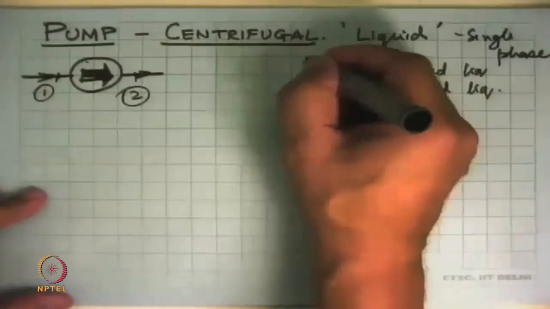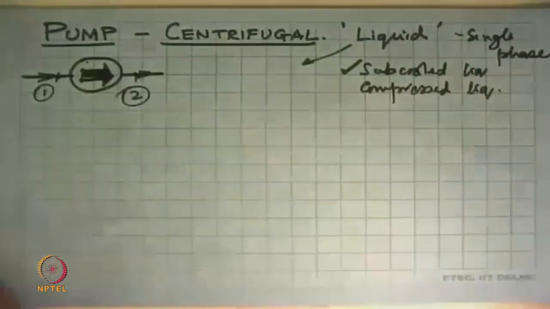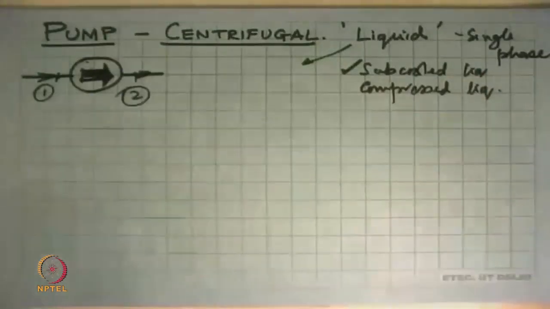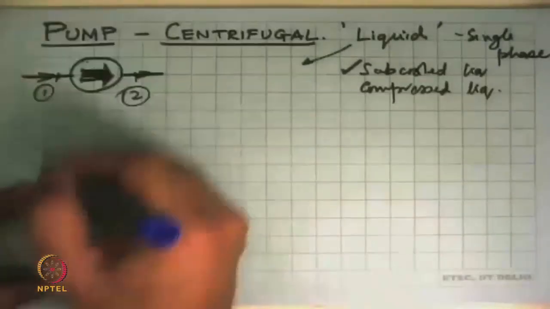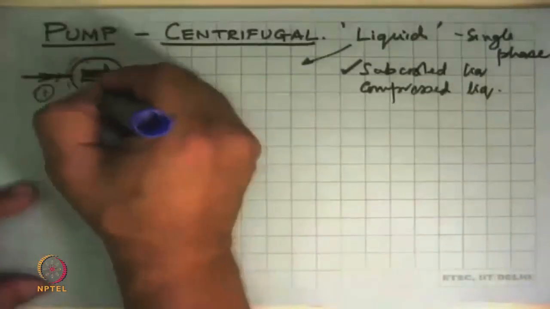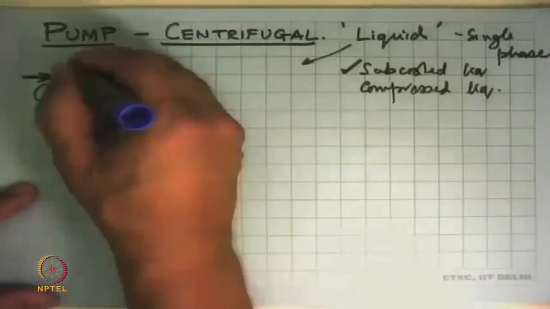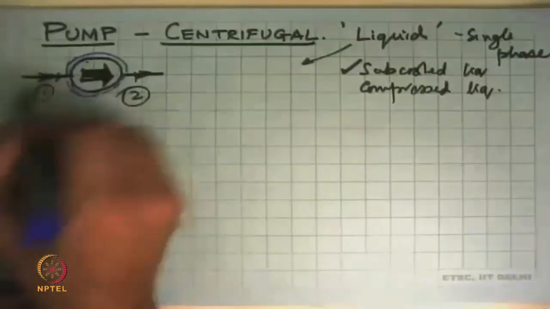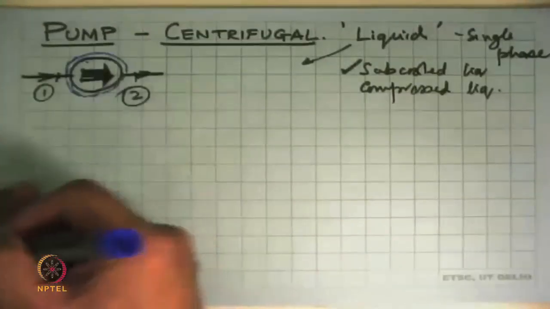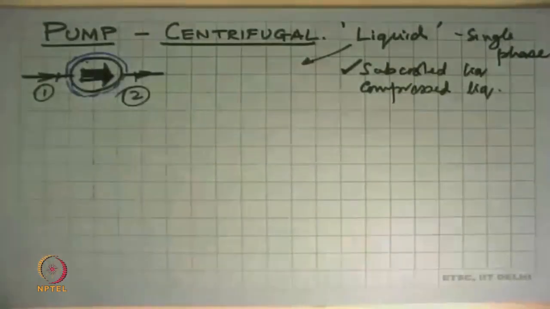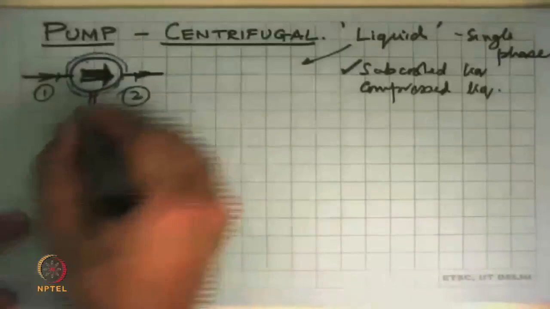Let's go the systematic way that we would like to approach this. Having made the symbol, we say that this is our system boundary. There is one inflow, one outflow, and to run the pump, we have an external prime mover.